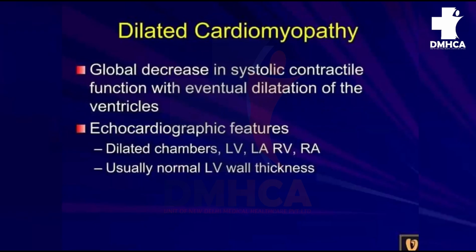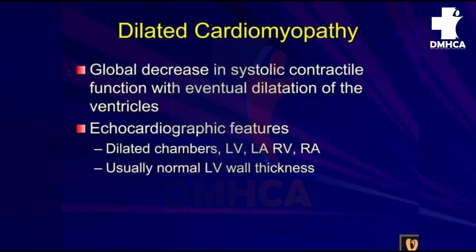Dilated cardiomyopathy is a global disease of systolic contractile function, with eventual dilatation of the ventricle. The echocardiographic features are that most of the chambers are dilated: LV, LA, RV, RA are dilated, usually with normal wall thickness.